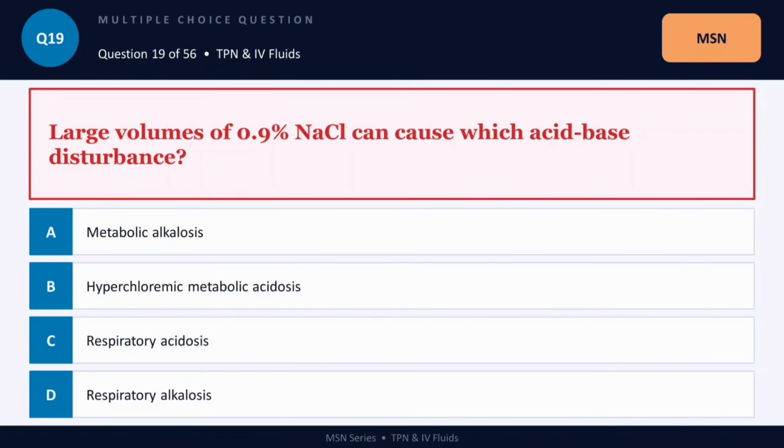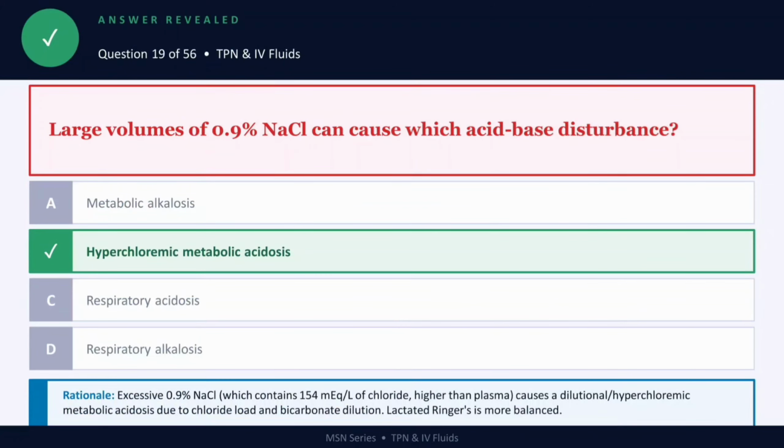The correct answer is option B hyperchloremic metabolic acidosis. Rationale: excess 0.9% NS causes a dilutional hyperchloremic metabolic acidosis due to chloride load and bicarbonate dilution. Lactated ringers is more balanced.